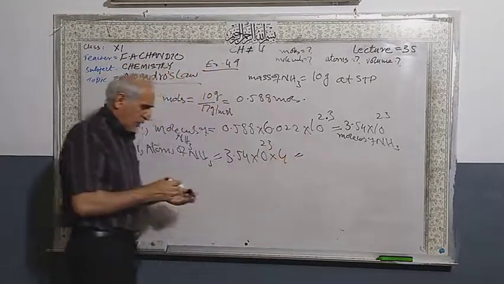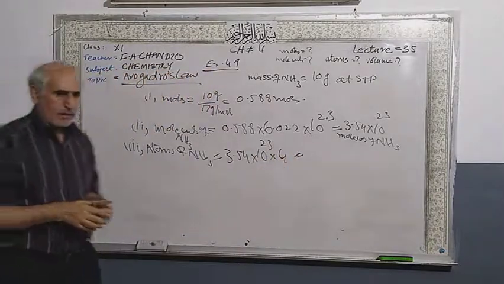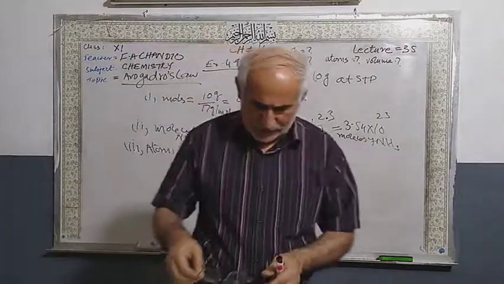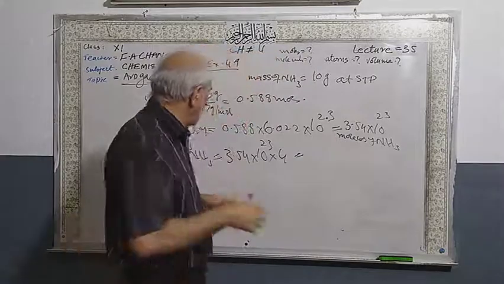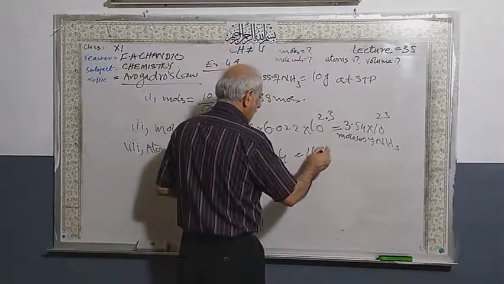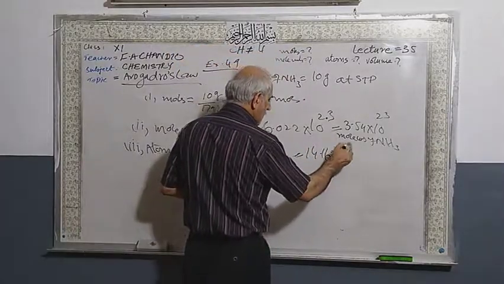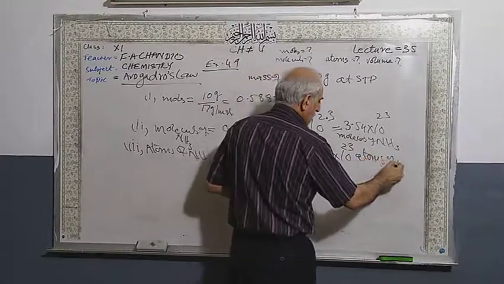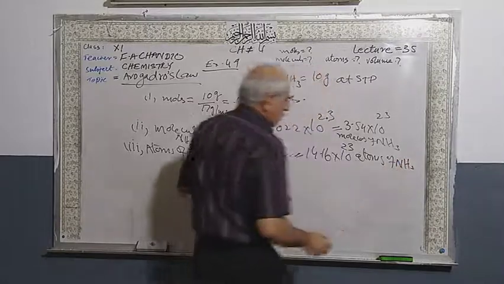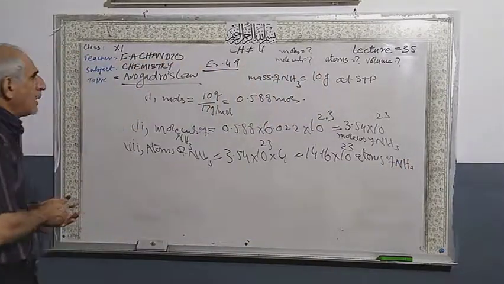This is called atomicity. So molecules multiplied by the atomicity, you will get the number of atoms. So this will be 14.16 into 10 raised to the power 23 atoms of ammonia. This is question number 3.